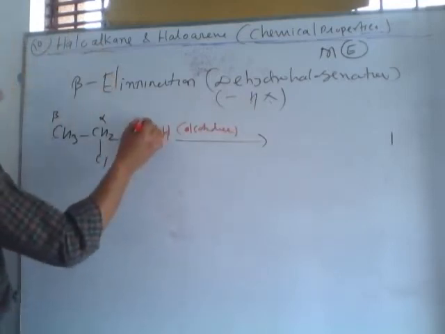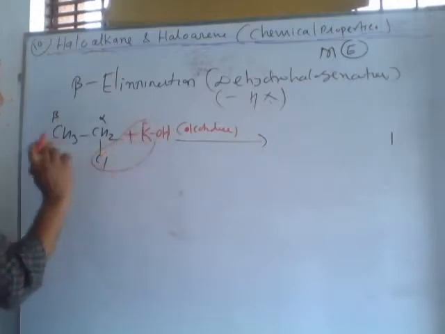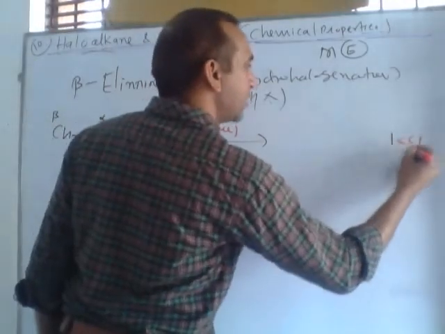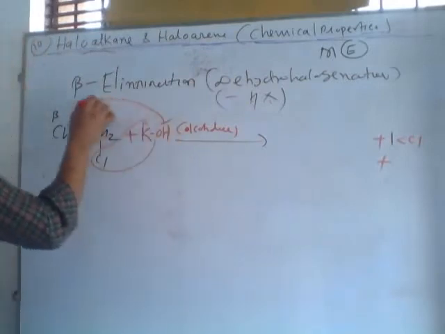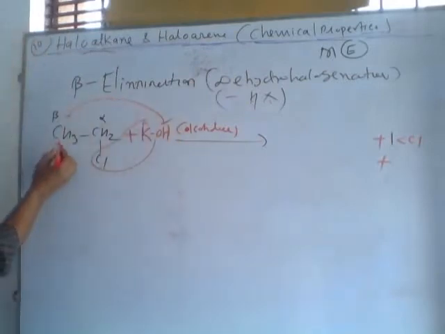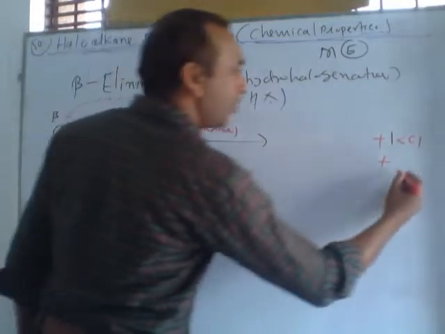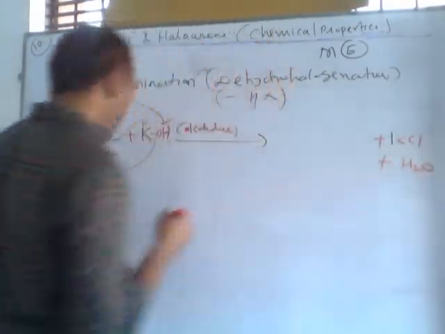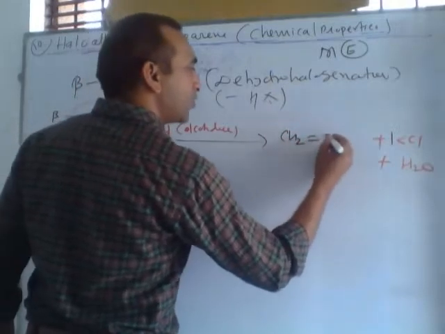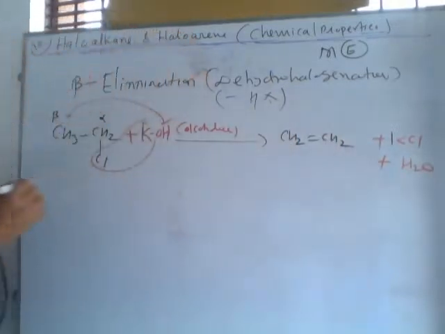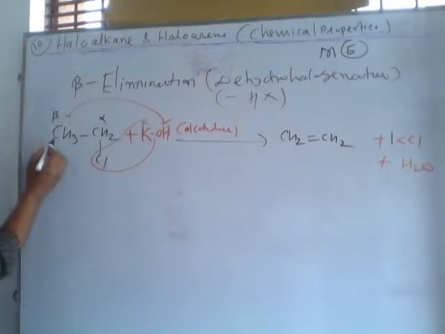This K reacts with Cl to form KCl. This OH removes hydrogen from the beta carbon and forms a water molecule. After the reaction, the product is CH2=CH2, this compound. Remember, hydrogen is always removed from the beta carbon.